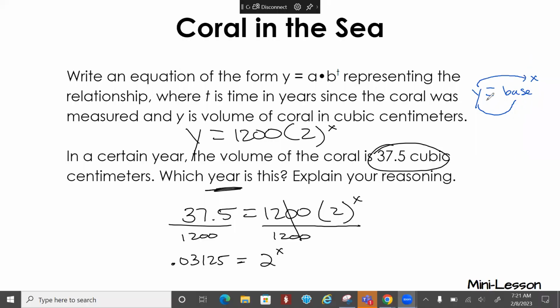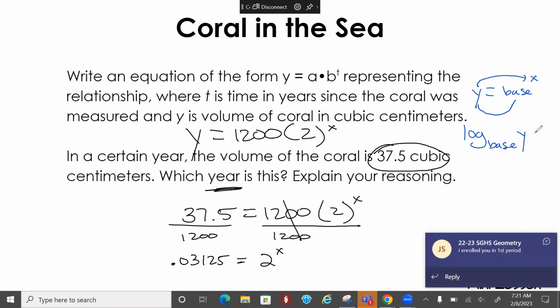So the way I'm going to write this is log of base y equals x.